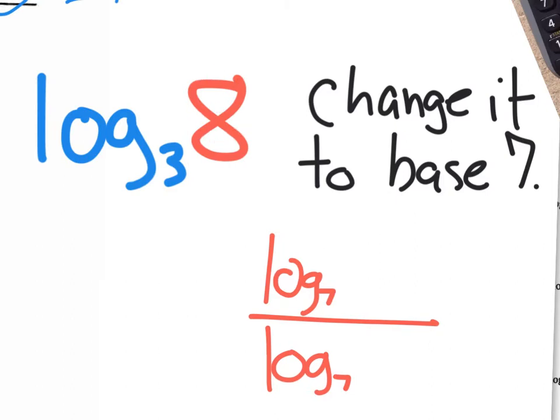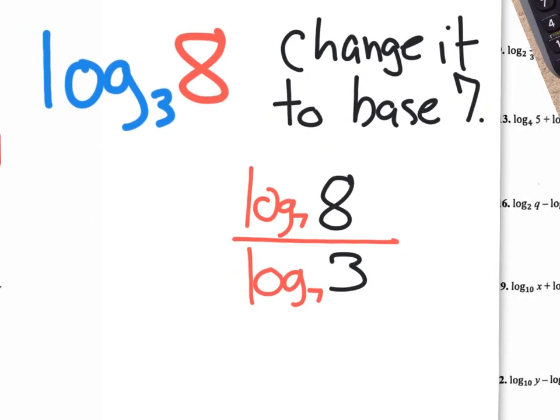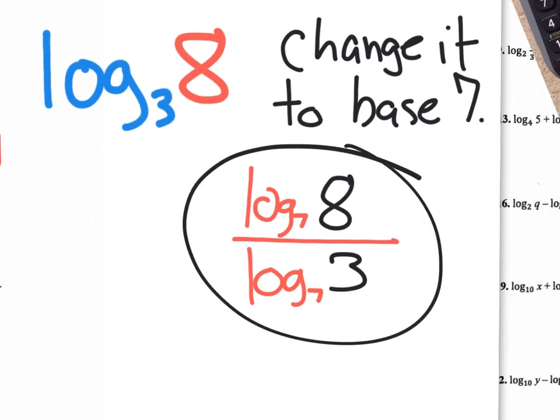The bigger number that's further up is going to go up on top as a regular number. So it's going to be log base 7 of 8. And the little base that's further down is going to be a regular number on the bottom part, a 3 down here. So if they say change it to base 7, there's my answer. It'll be a fraction, log base 7 of 8 over log base 7 of 3.